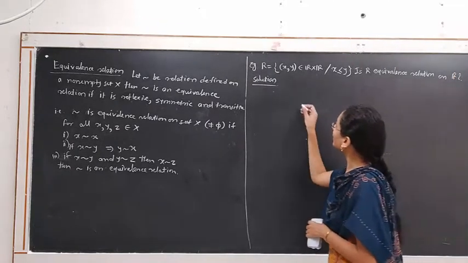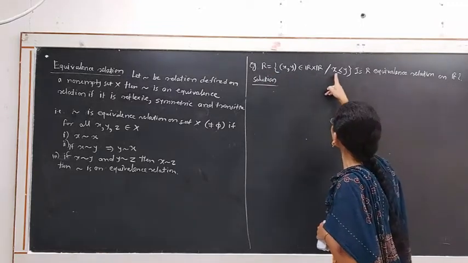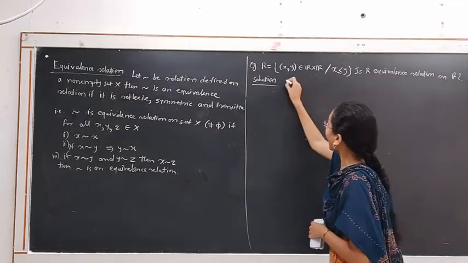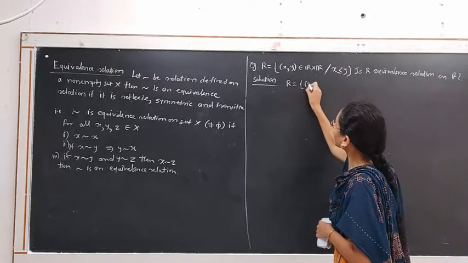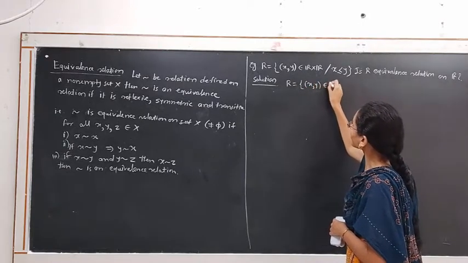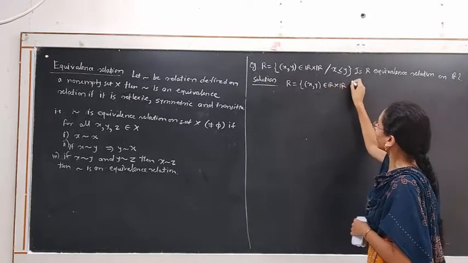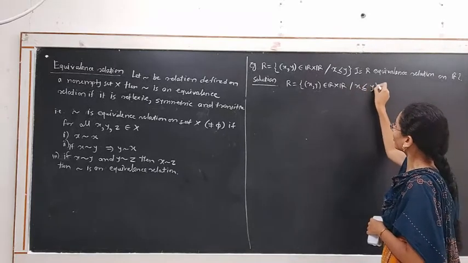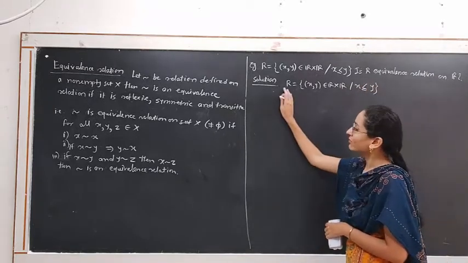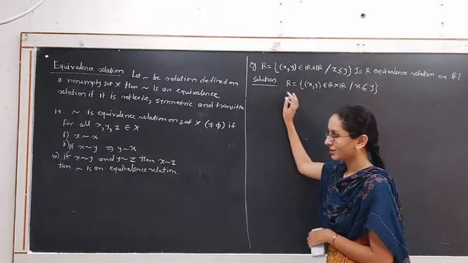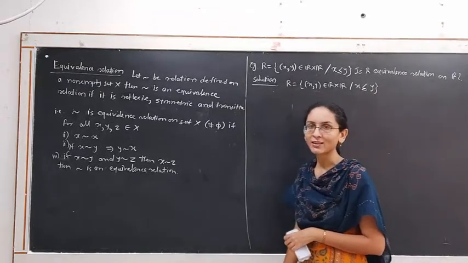Consider the definition of this relation on the set of real numbers: R is equal to the ordered pair (x, y) belongs to R cross R, where x is less than or equal to y. This relation will be an equivalence relation if it is reflexive, symmetric and transitive.